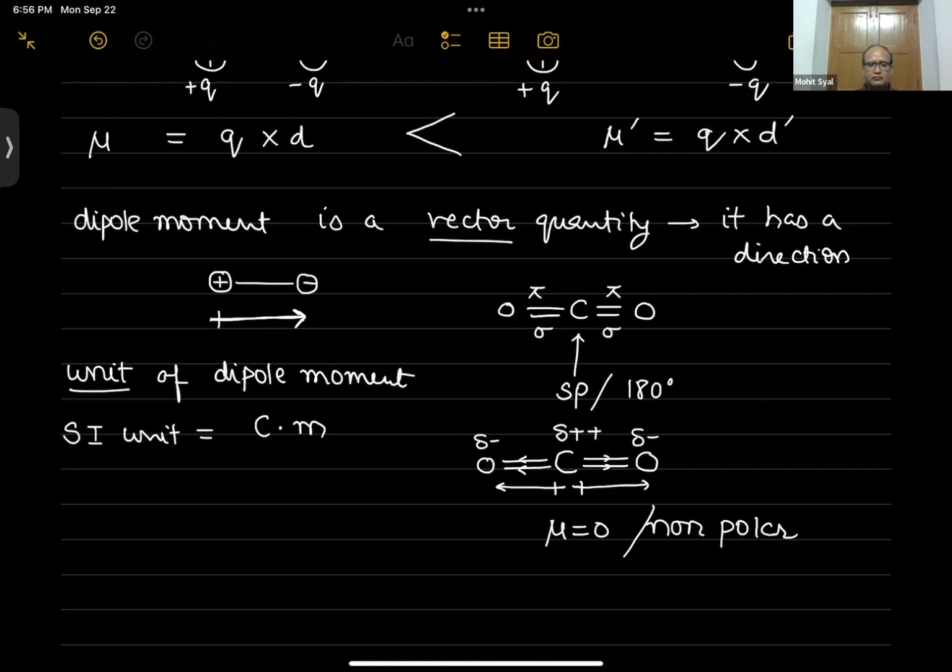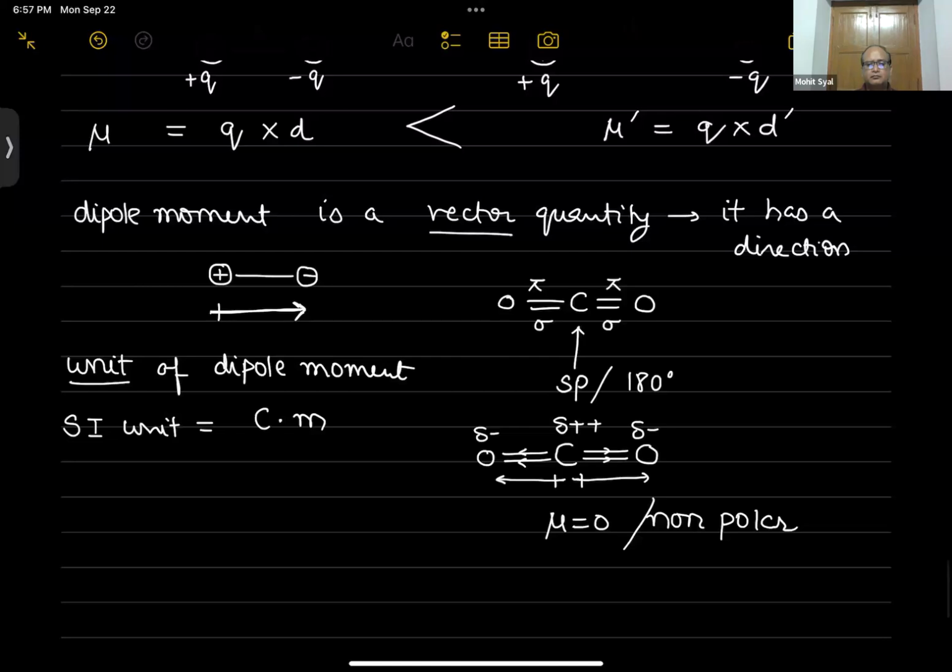Got it? Coulomb meter means the charge is in coulomb and the distance is in meter, but actually this is a very big unit.